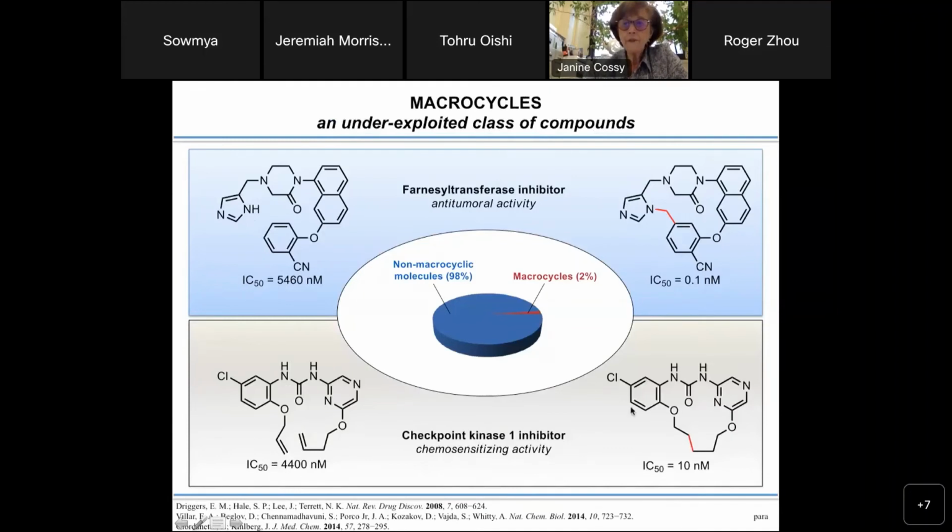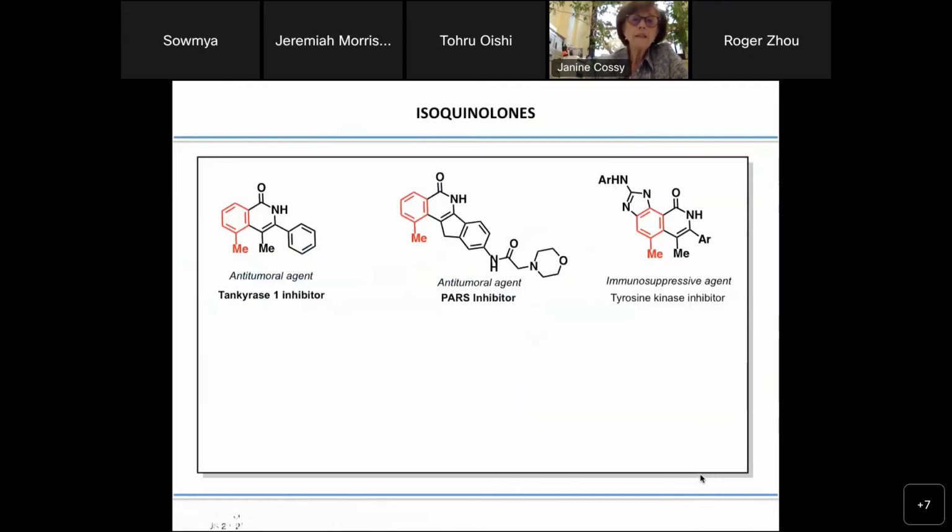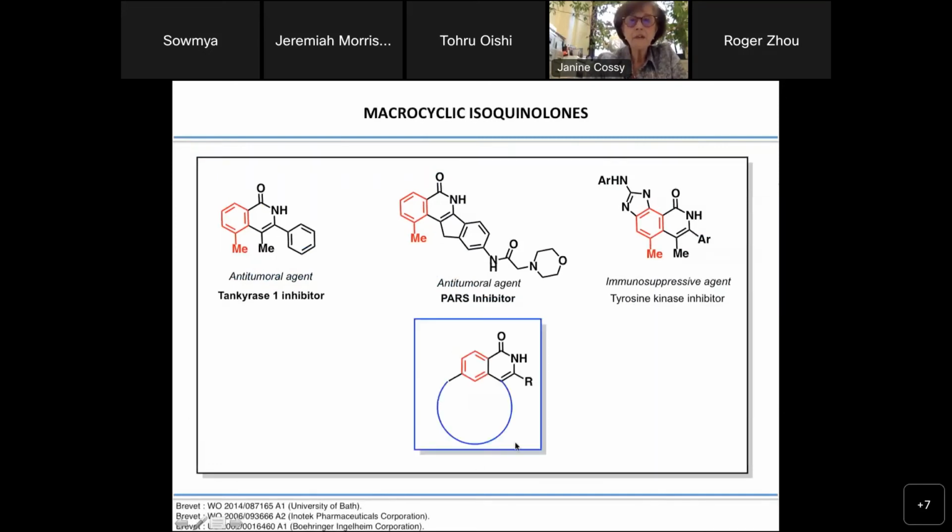And if you have the closed form that was synthesized by using a ring closing metathesis reaction, the EC50 is 10 nanomolar. So, if you are considering again this isoquinolone, is it possible to increase the biological activity of this compound if you are synthesizing isoquinolone with a macrocycle of this type?